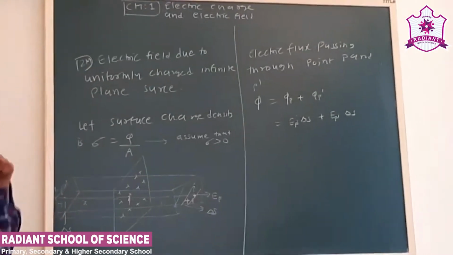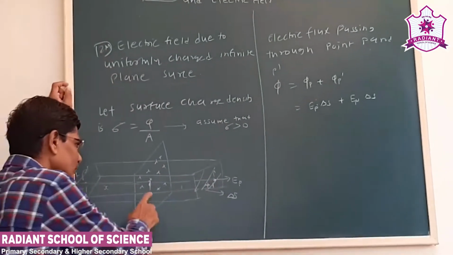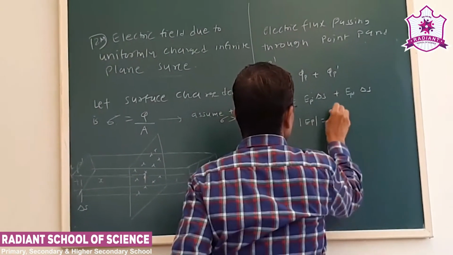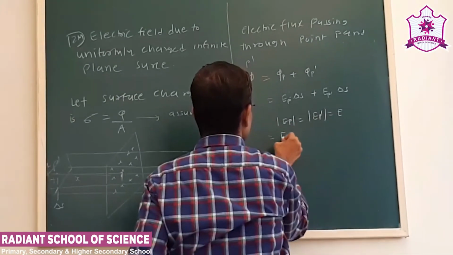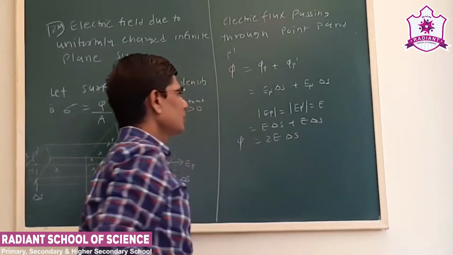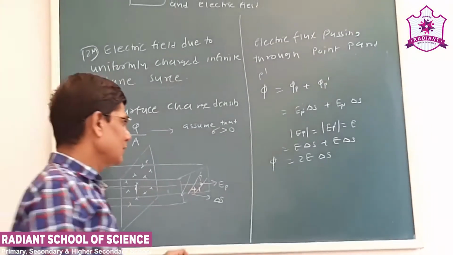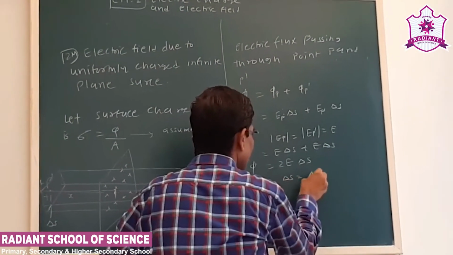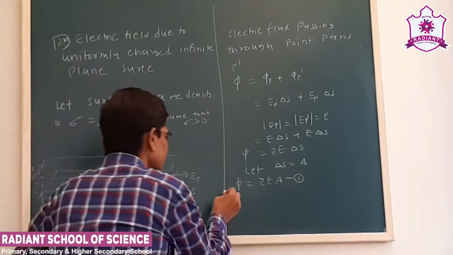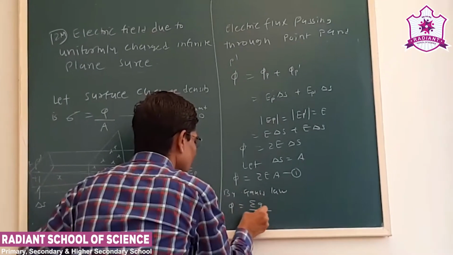Right now we talk only about the magnitude. Also, P and P dash are at the same distance, so EP and EP dash will be equal, that is E into delta S. Delta S is the area under consideration, which is A. So the flux is 2E into A. Now by Gauss law, flux phi is sigma q upon epsilon 0.